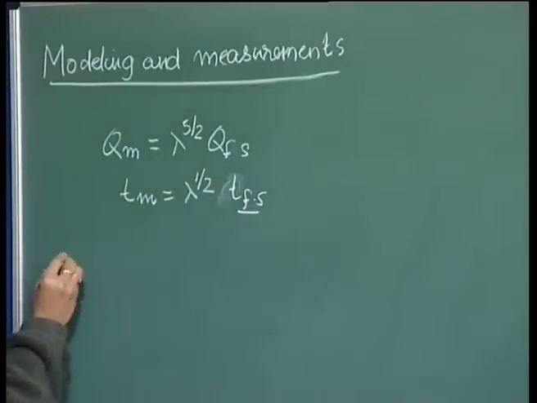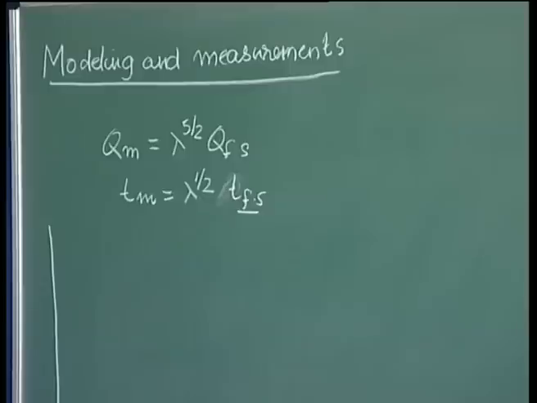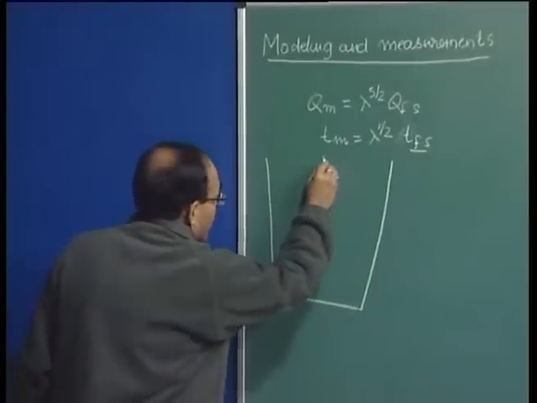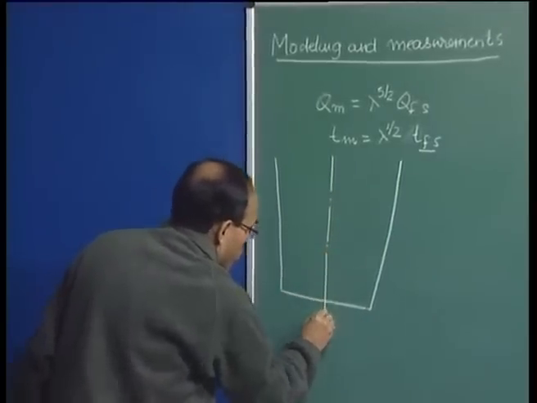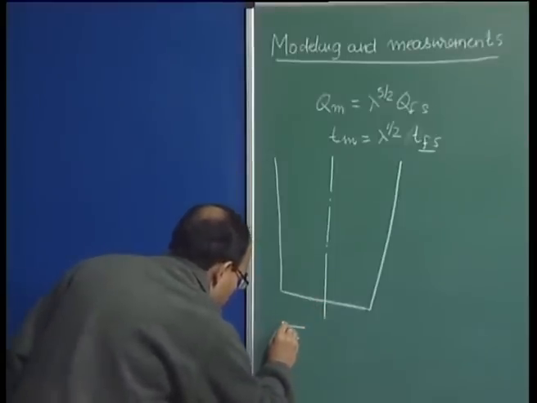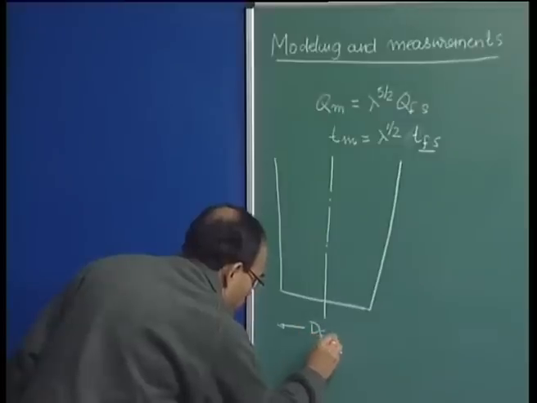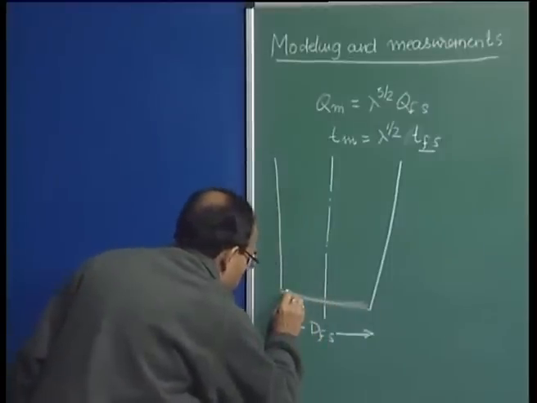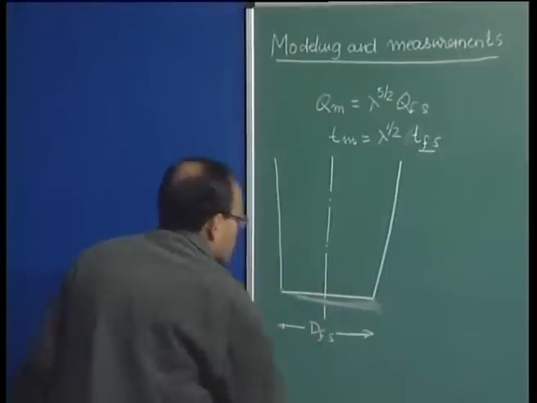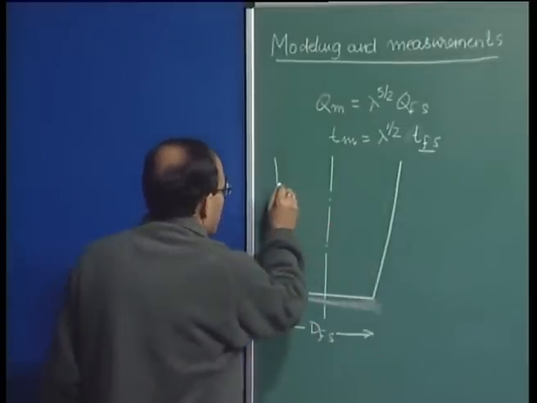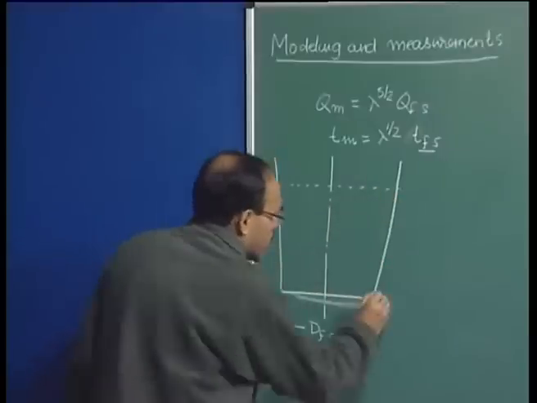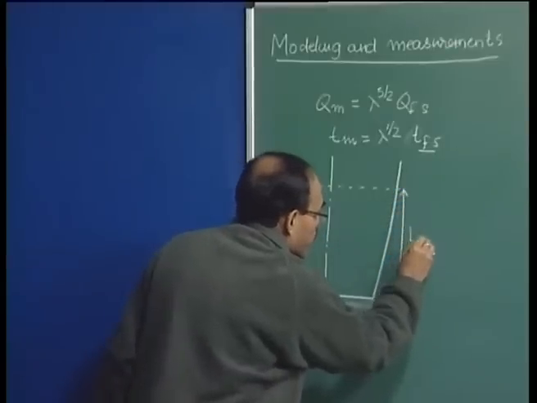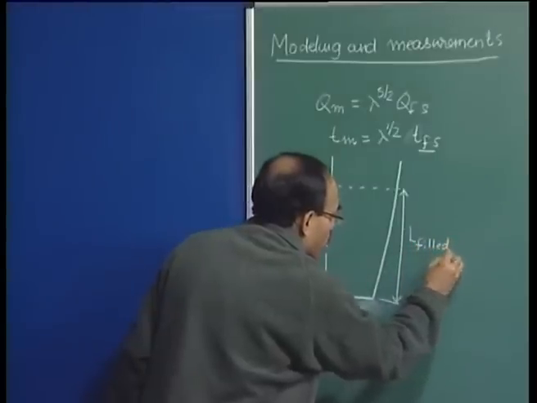Suppose it is given that I have a ladle which is cylindrical shaped. This is the line of symmetry. So, this distance is the D full scale. Let me draw it horizontally, then it will look better. Yes. And then we have this much, which is L filled, the height of the liquid that is filled, full scale.